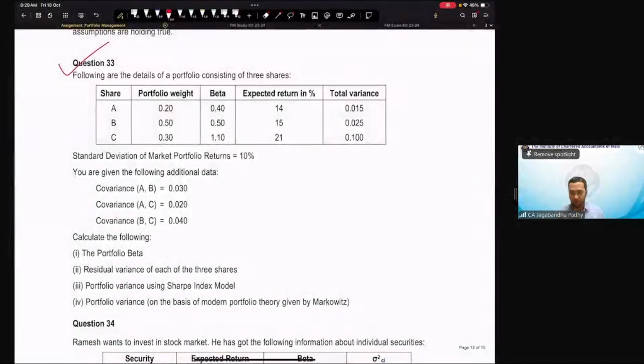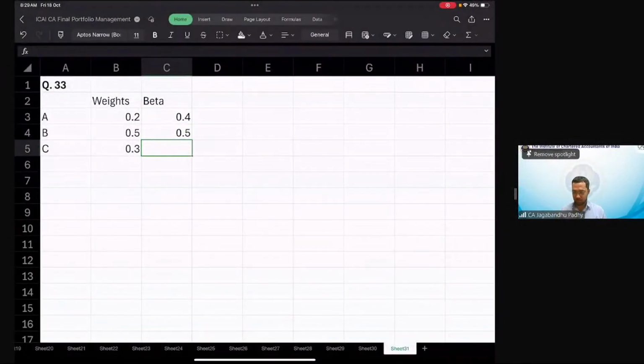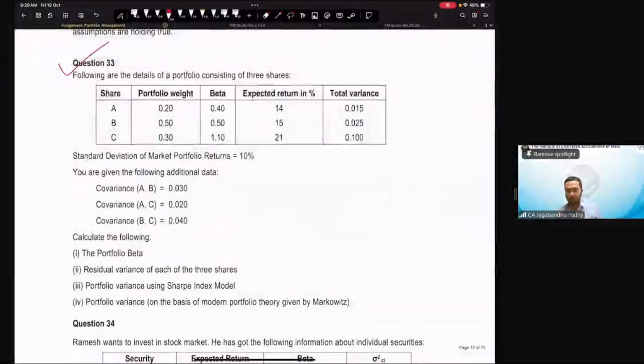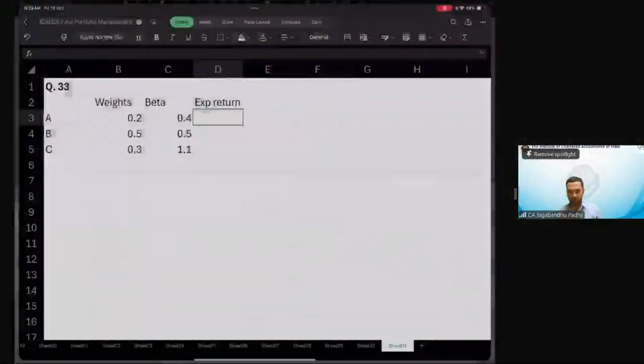Then we have the beta values of 0.4, 0.5, 1.1. Okay, expected returns 14, 15, 21.